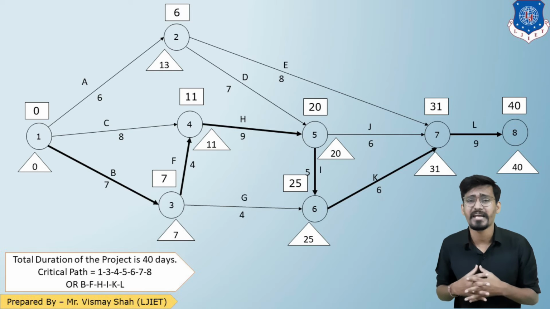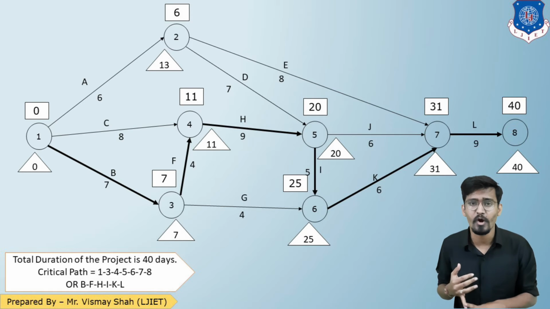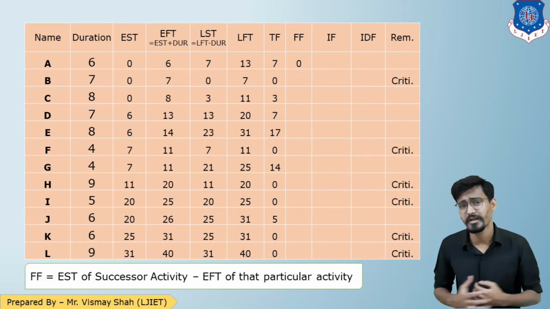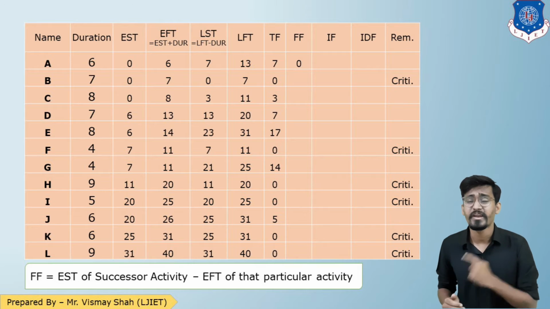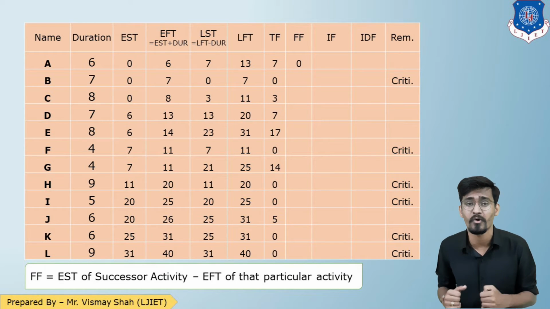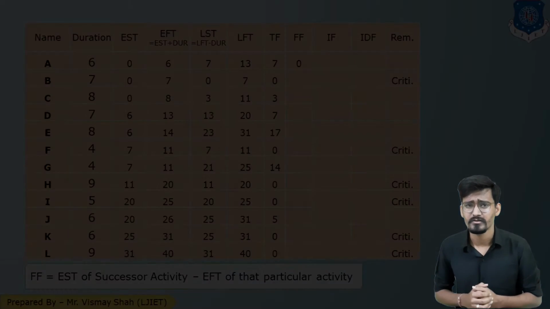Now remaining is the table of floats. So first is free float, interfering and independent. Let us see again. So now as you can see, we come back to the table. Free float, I need to find the free float. I've written free float for activity A is 0. How? Let us check. Let us come back to the network.